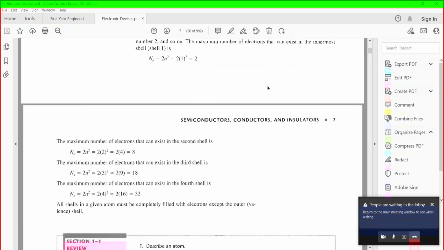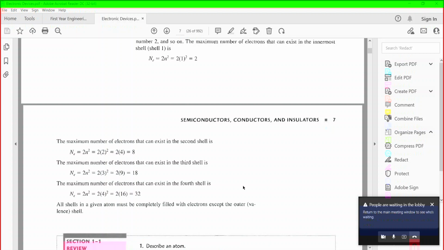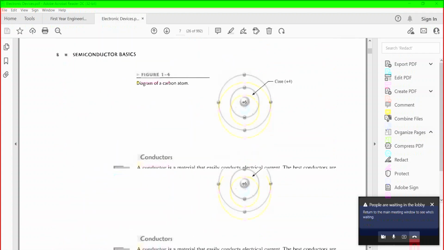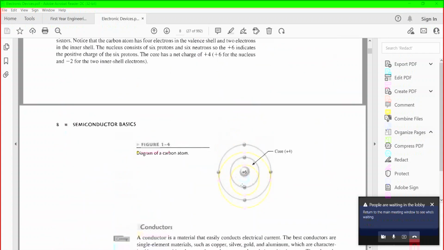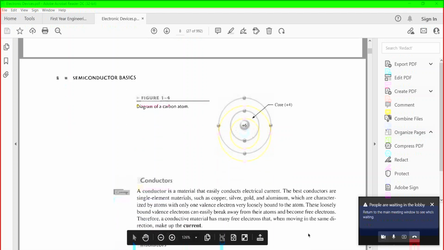Still, you can complete this part on your own to be on the safer side, and after finishing the first unit I will give the question bank and the first assignment. Then we will start the next lecture, semiconductor devices, from page number 8. Here is the start of the syllabus, next lecture.